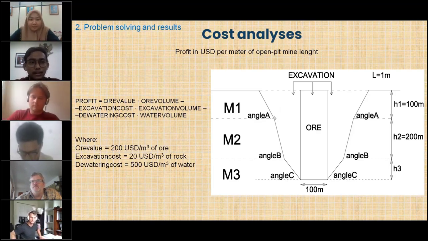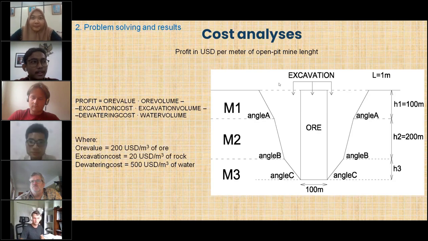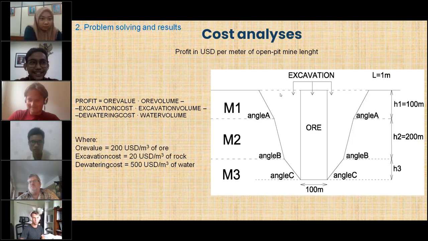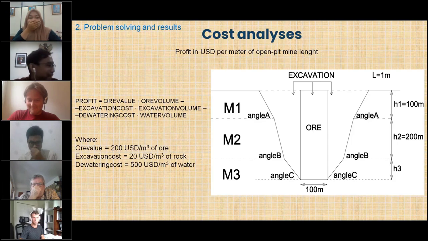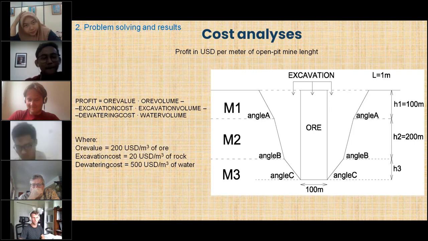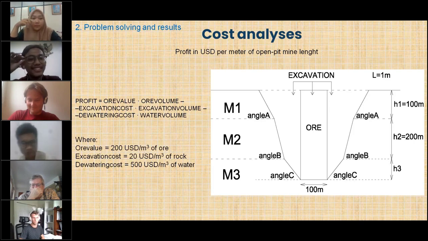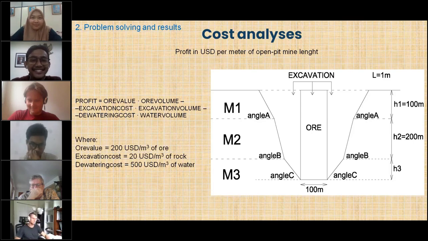It included triangles, as this triangle I'm showing right now. This is rectangular, and that area was the volume of 1 meter of length of open mine pit. The water table was at the surface of the terrain, and it was very simple to find the corresponding costs.